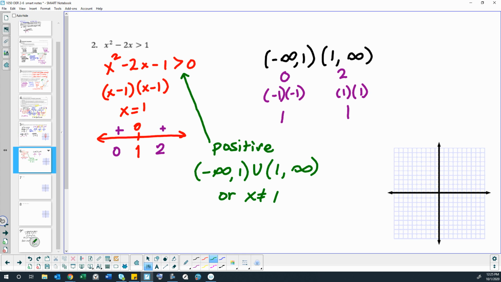That's a shorter way of saying that. But you should be familiar that either one works. So the graph for this one would just be sitting on the x-axis, everything's positive, and therefore the answers are everything but that point where it equals 0. Okay, now stopping my video, I'm going to go on to question 3.